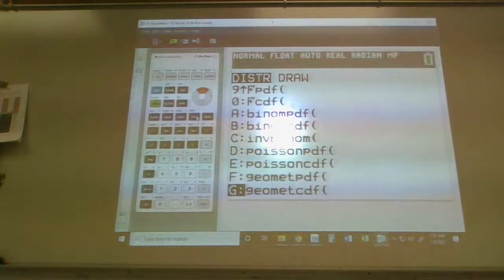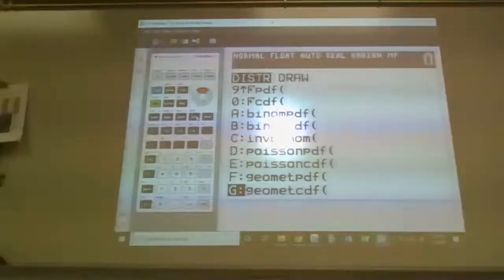You have two geometric calculations. Once again, a PDF and a CDF. The PDF means a success exactly on that trial. The CDF is in reference to getting the first success on that trial or sooner, which we'll talk about.